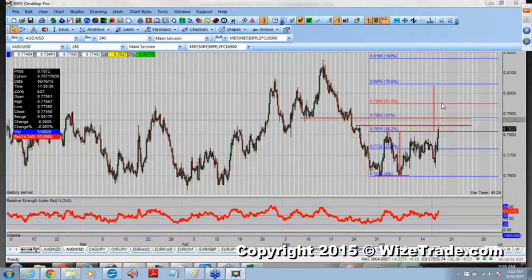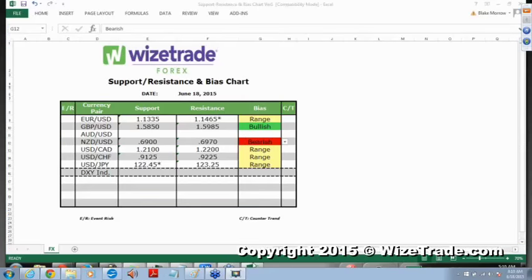But obviously it faces a lot of resistance on the way up too. Today it's struggling at 78.40, but really this 50% retracement is going to be another hurdle, and that comes in at 78.80. 0.7880, and we are definitely range bound in the Aussie.